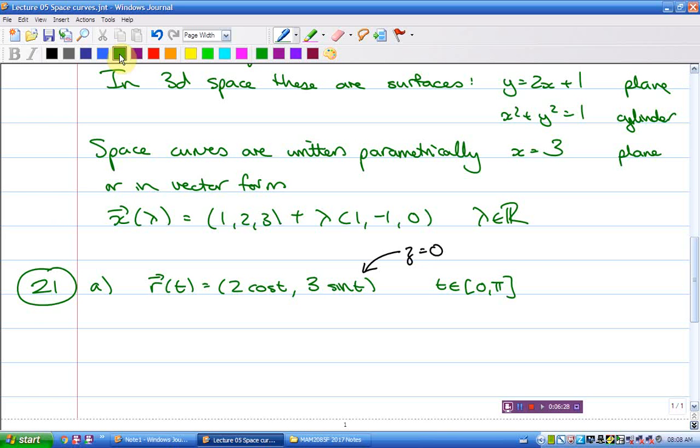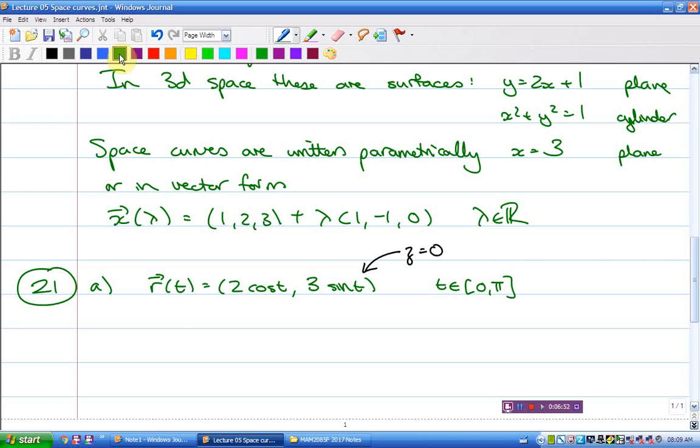For instance, if the first one had been 2 cos t and the second one had also been 2 cos t, I would have said y equals x. The cos t is important. It would have an effect on our curve. But the main thing that's happening there would have been that y and x were the same. So it's the relationship that matters more than what the functions actually are. What the functions actually are is important, but it's almost of secondary importance.